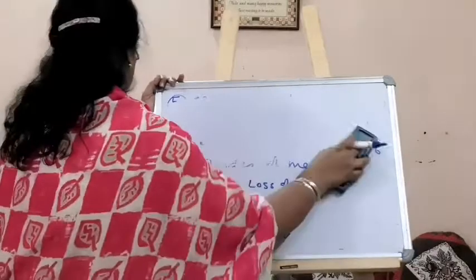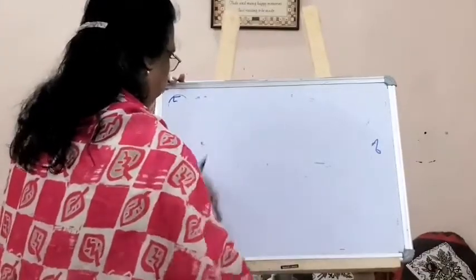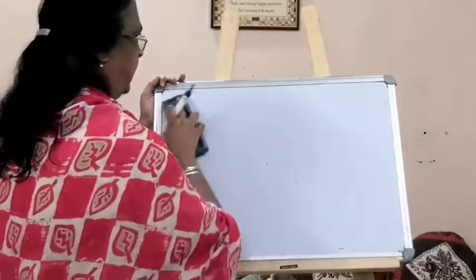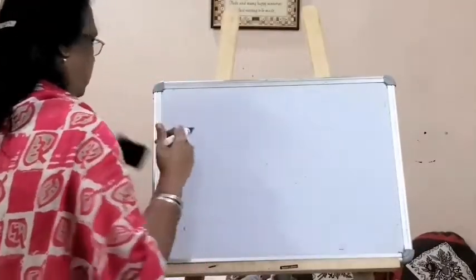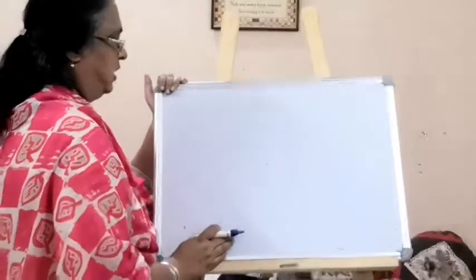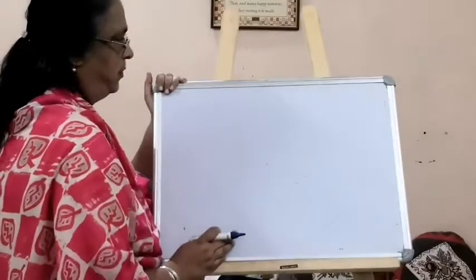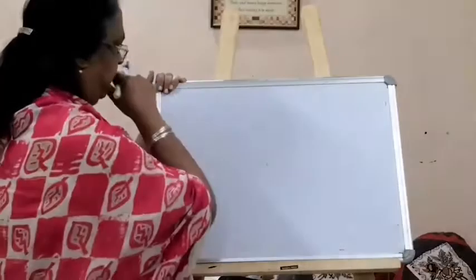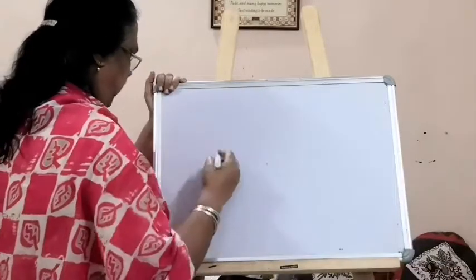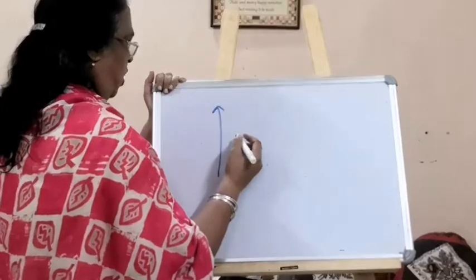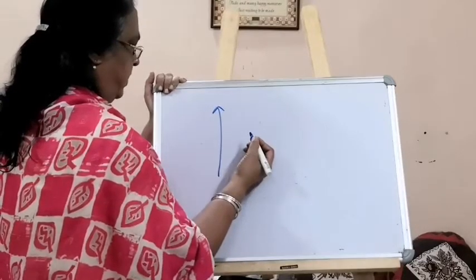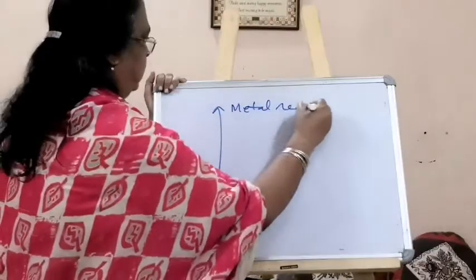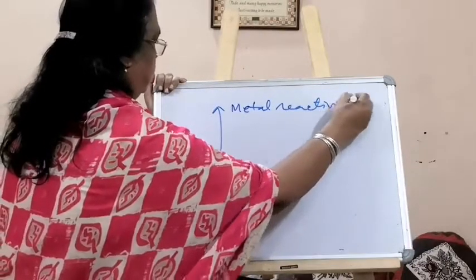Now, thermal stability. Thermal stability depends upon the electropositive behavior. The stronger the electropositive behavior, the more stable the oxide will be. So you have seen that as we move from bottom to top, electropositive behavior increases and metal reactivity increases.